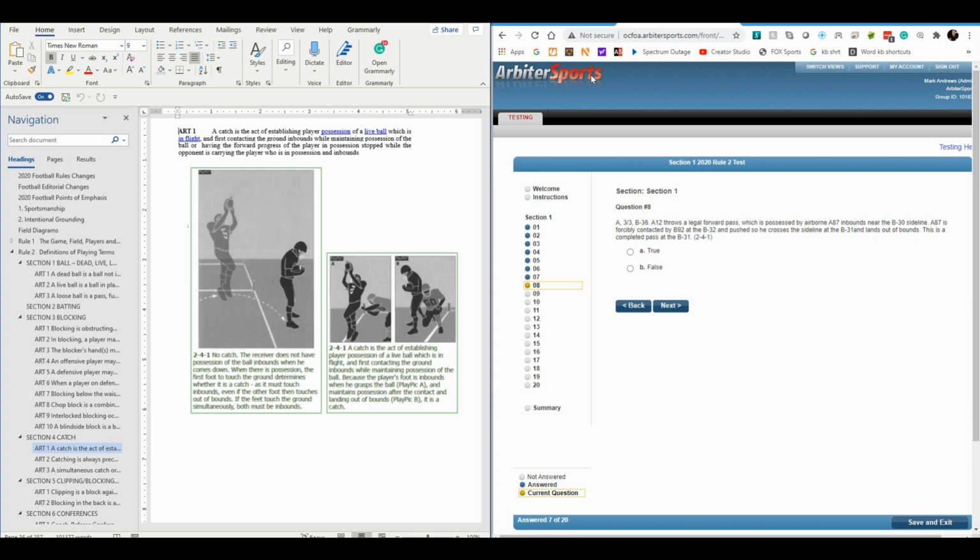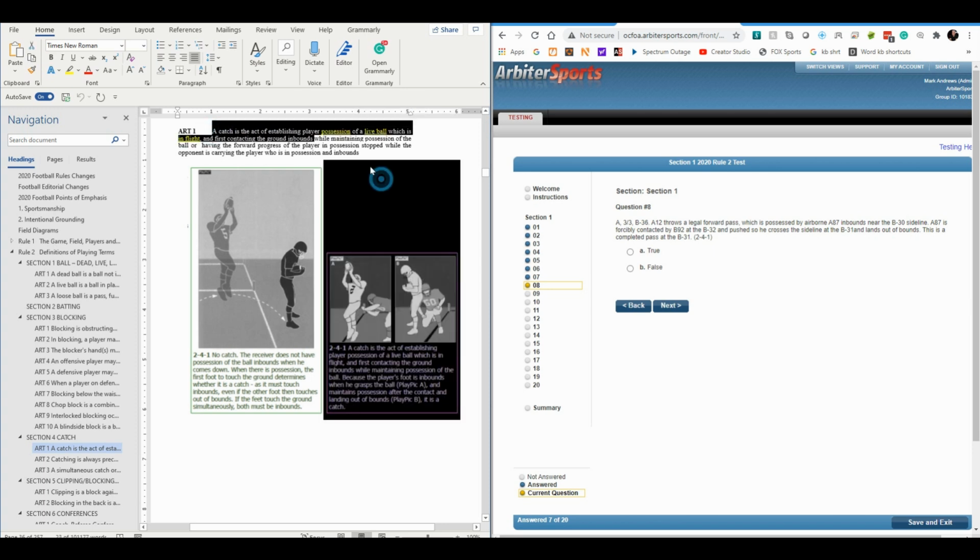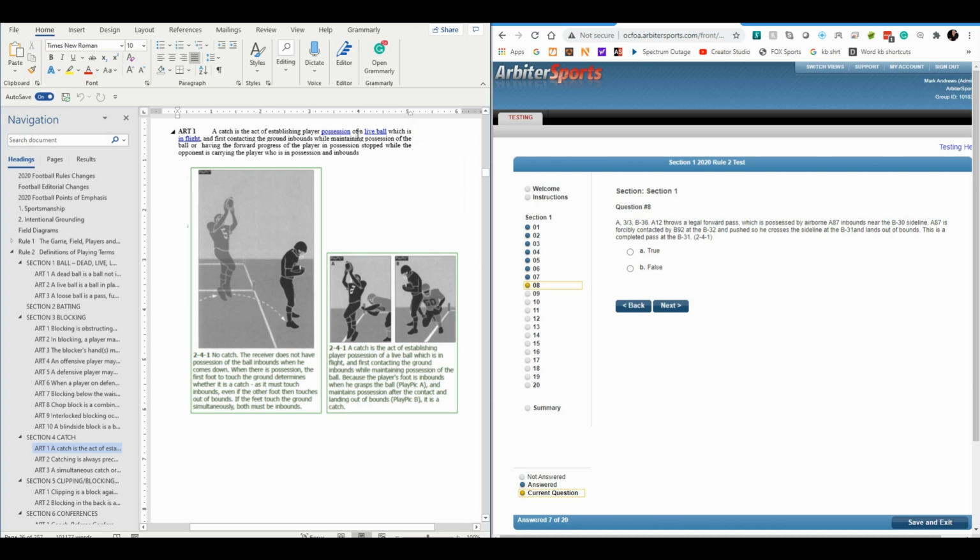So let's take a look at the rule, and it says a catch is the act of establishing player possession. What's possession? A ball in player possession is a live ball held or controlled by a player after it has been handed or snapped to him or after he has caught it. So he can be in possession while in the air, right? Okay.